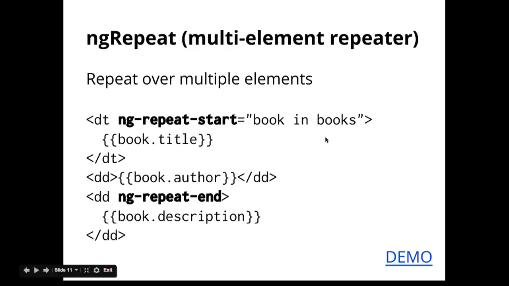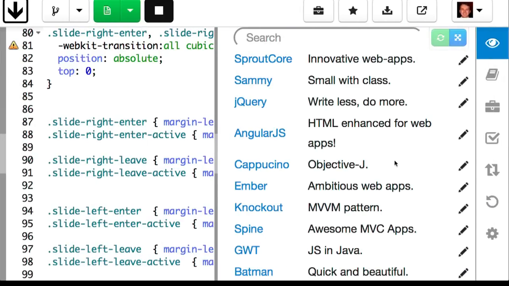So in this case, we are iterating over books. We're using DT, and DT's defining a definition for these books. And DT and DD are very interesting because they are not even nested. They are just sibling elements, and they're really hard to deal with, especially if you have a templating language. But with these, you can easily just mark them with ng-repeat start, and it just works.